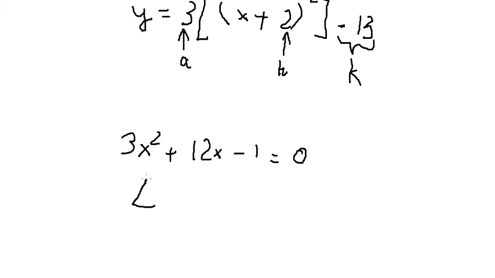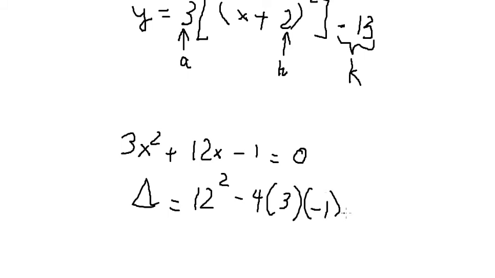So we have delta equals to 12 squared minus 4. A is about number 3, C is about negative number 1. We got about 156.